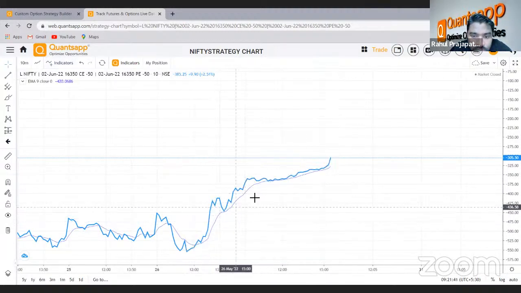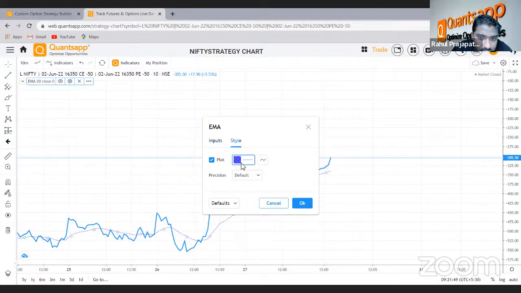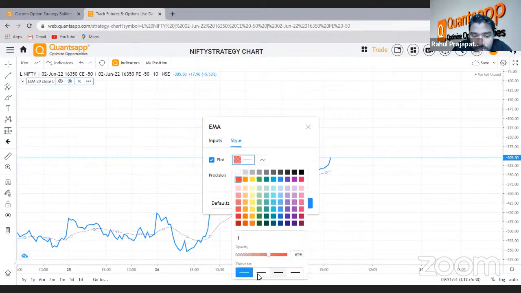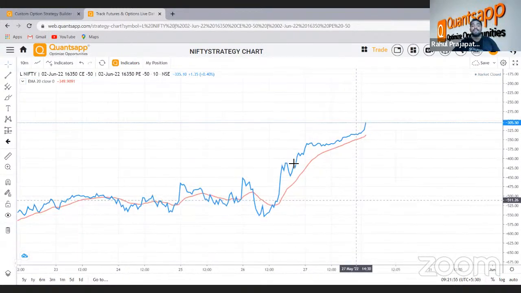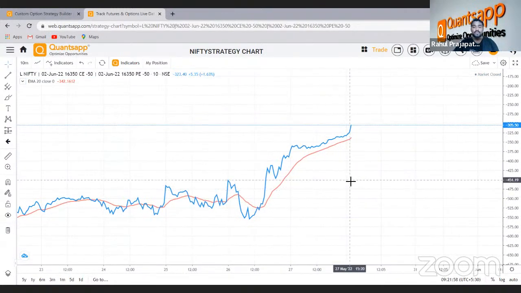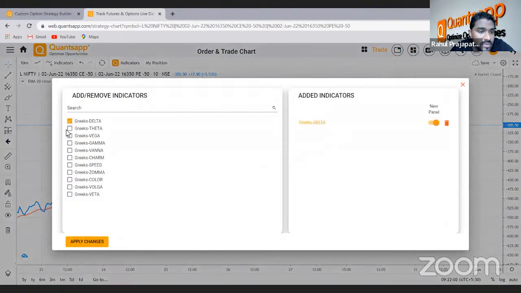Just make it 20. Make it red color. Okay, so what I've done is I put a moving average on this. Now you can simply add your Greeks also. So theta, delta, vega, at least gamma. You can apply this.